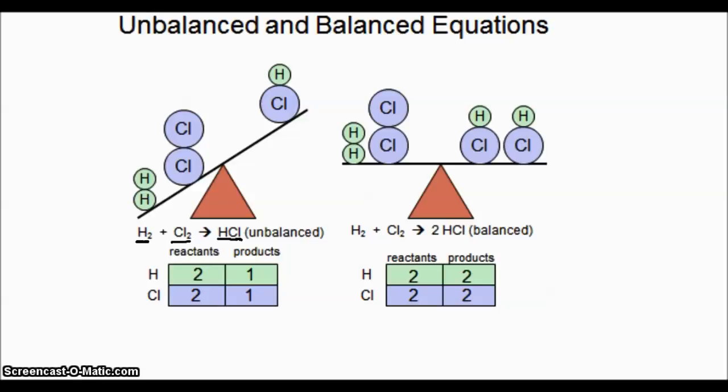And obviously from this picture, we can see that this is not balanced. So what we do form is HCl, but we form 2 of them. We form 2 of the HCl's. So we just put a coefficient of 2 in front of the HCl, and that makes this chemical reaction balanced.